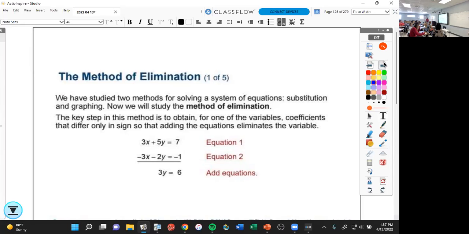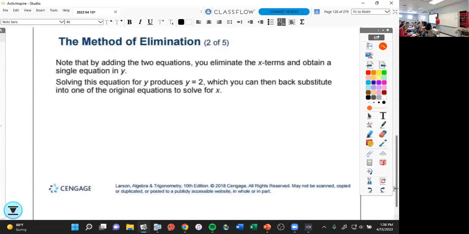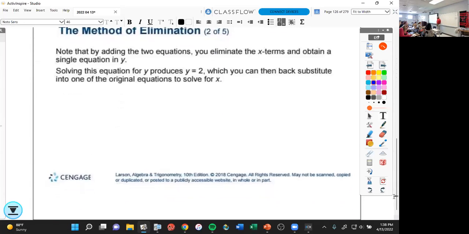I would prefer that x term to be positive. So my choice would be plug that 2 into the first equation. That's a positive 3x. And that's the only reason. I would get the same answer plugging it into the second equation as well. So there you go, elimination. So this one was nice. The x's are already set up for us to eliminate. Working through that problem, we get y equals 2.